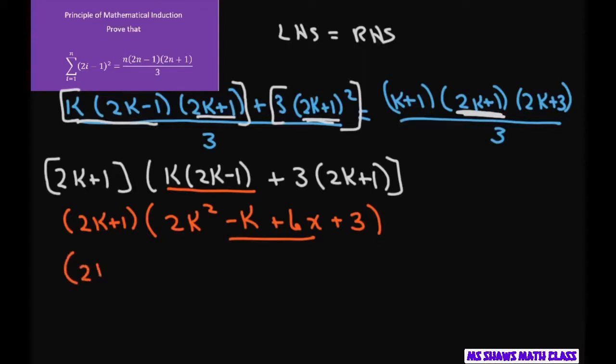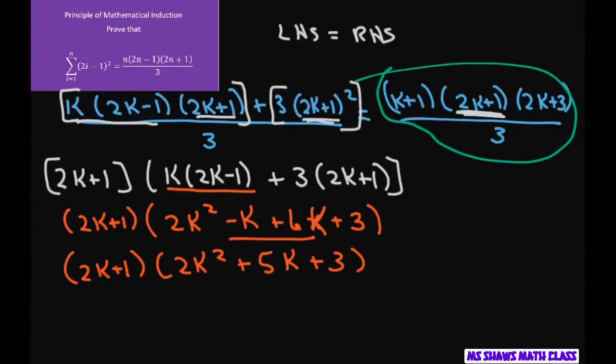So 2k plus 1 times 2k squared plus, that should be a k, plus 5k plus 3. Now we have to make it look like this side here. So I'm going to factor, we have 2k plus 1.